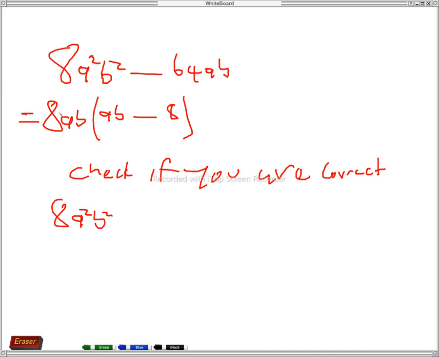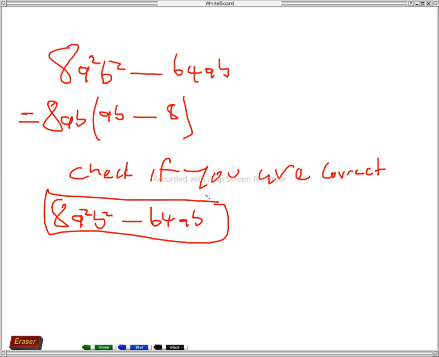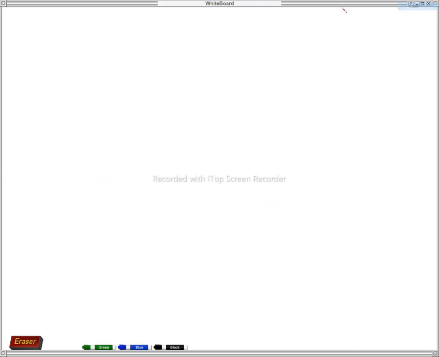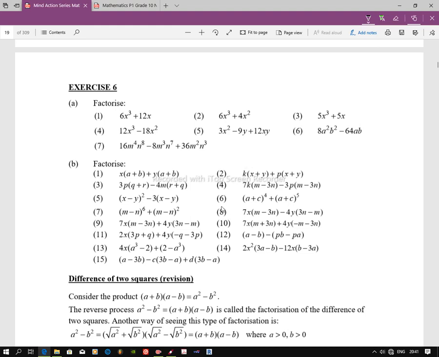And then 8ab multiplied by the negative of 8, so therefore I'm going to get negative 64ab. You can just check with your calculator. By this you can say I'm correct. You understand? Double tick.